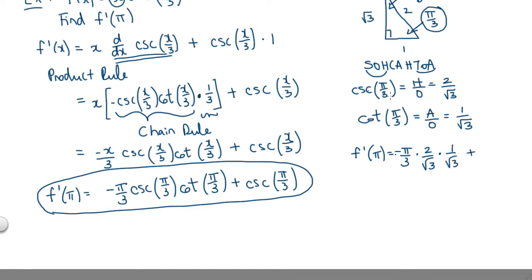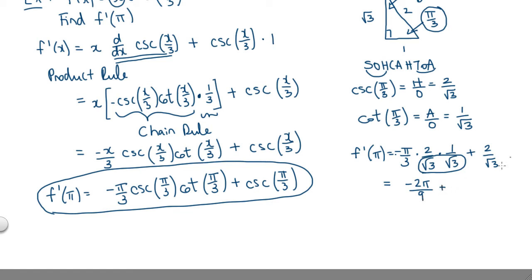And then we're adding on, again, our cosecant of pi over 3 value. All right, so as we start to clean this up, our first term looks like negative 2 pi all over. Well, if we look at our denominators here, the root 3 times root 3, that gives us a factor of 3. So we're really getting 9 in the denominator here.